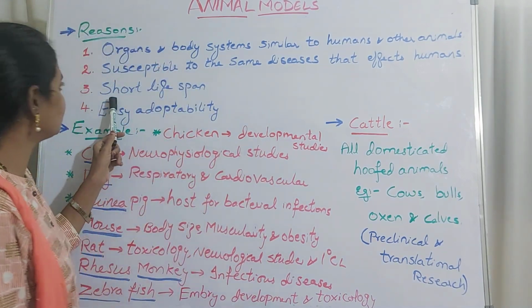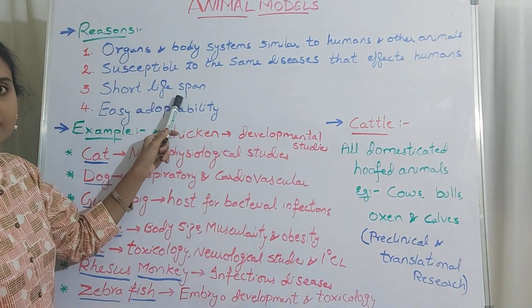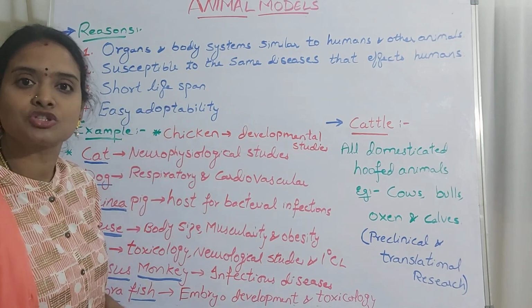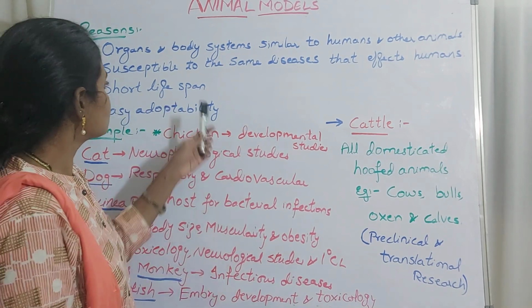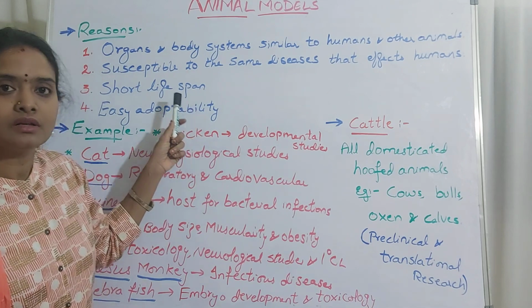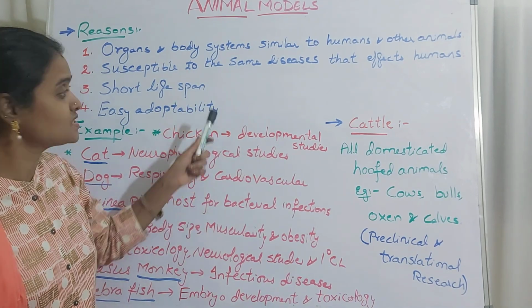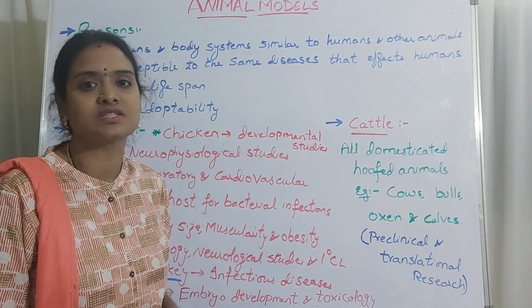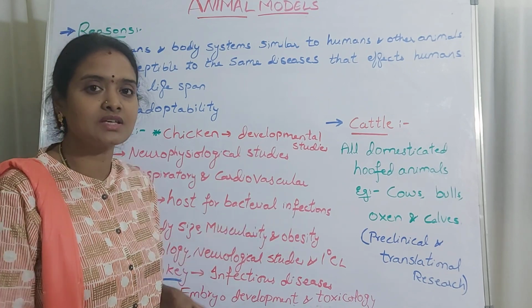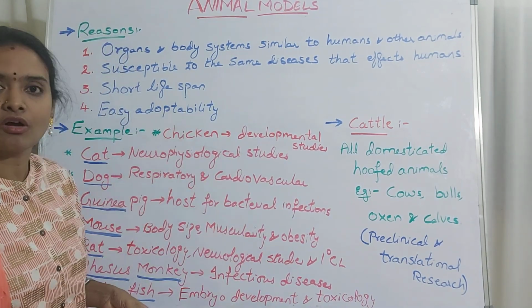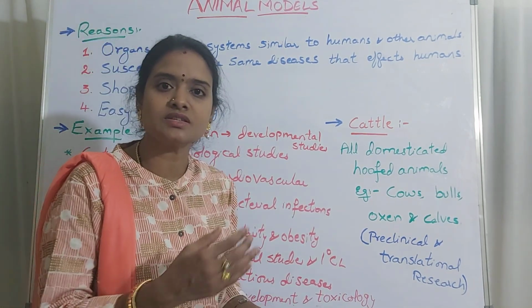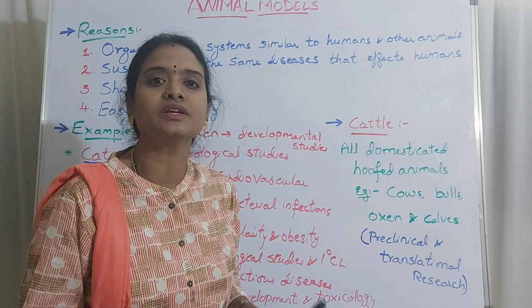Then the third one is short lifespan. If the animal's lifespan is short, you can study that animal till its death. That means the complete lifespan can be studied. If it is a long lifespan animal, it will take some 20-30 years to complete its life cycle.